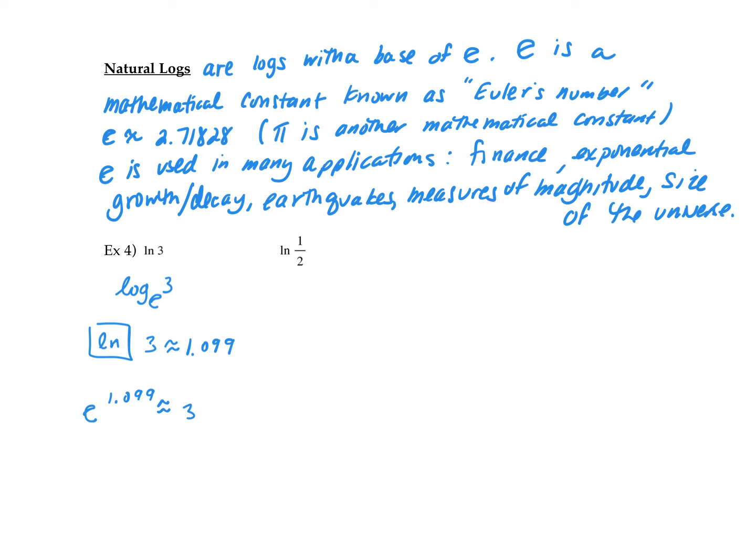All right, try the natural log of 1/2 on your calculator, or you could type in 0.5, and that's going to be approximately negative 0.693. And again, that's because e raised to the negative 0.693 power is approximately equal to 0.5.